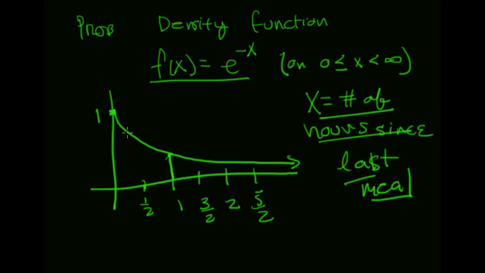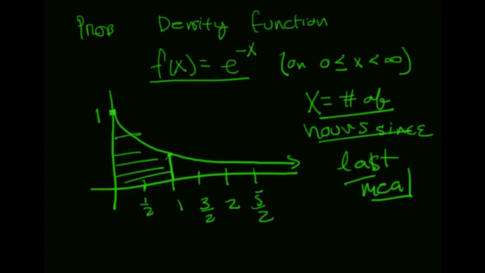This might actually give me that probability density. So let's try to figure this out. What is the probability that a person selected at random last ate within the past hour?